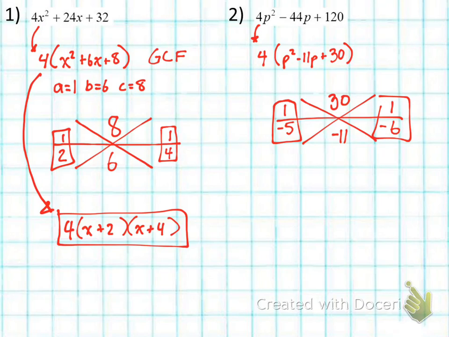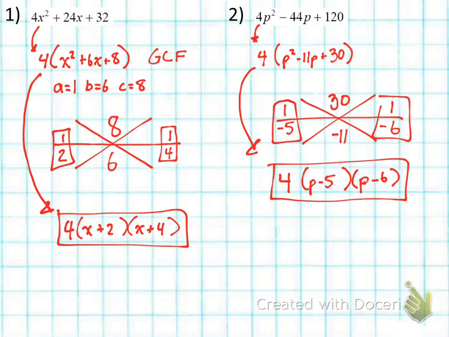I can't, so I'm going to bring down the original factor of 4. So I'm going to put down 4, and then open 2 sets of parentheses now. So we got x minus 5, or I'm sorry, it's not x, it's p. P minus 5 times p minus 6. And that's it. We're all done with number 2. Okay? Can't break it apart anymore.